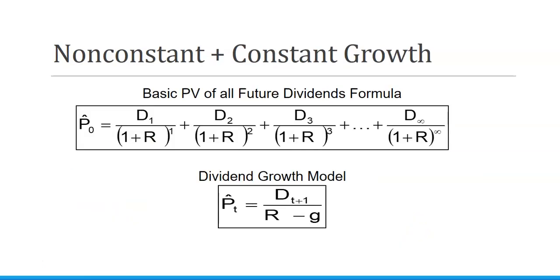The basic present value of all future dividends formula looks at the non-constant plus constant growth. So where we have to do each dividend year individually until we get to the constant growth, to get the dividend growth model.